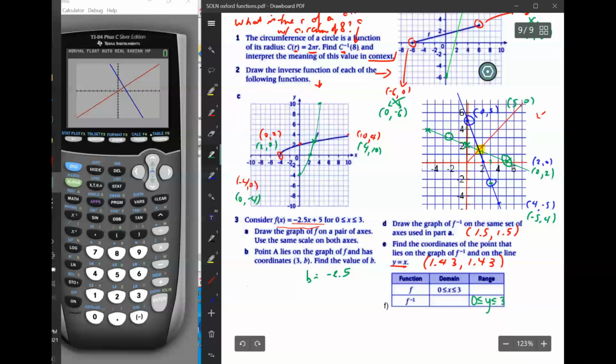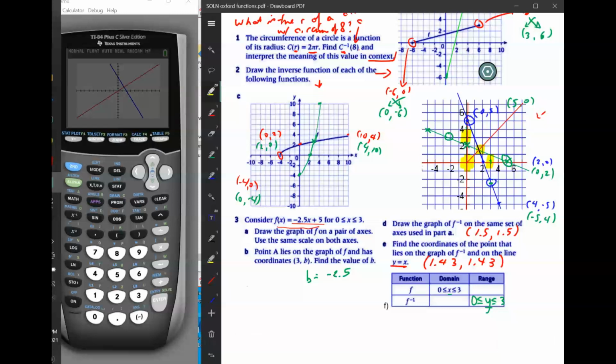Since the x coordinates and y coordinates invert, it makes sense that the domain limits 0 and 3 for the function are the range limits for the inverse function. You can see that the blue function goes from 0 to 3 on the x-axis, and the green function goes from 0 to 3 on the y-axis.